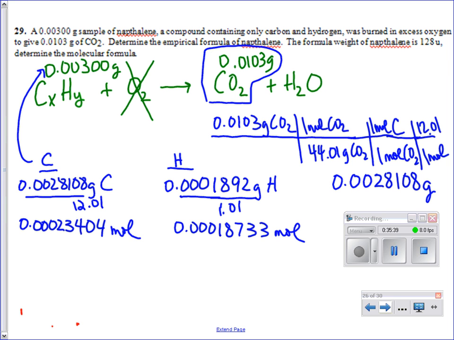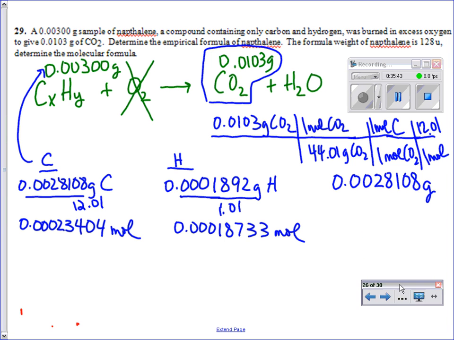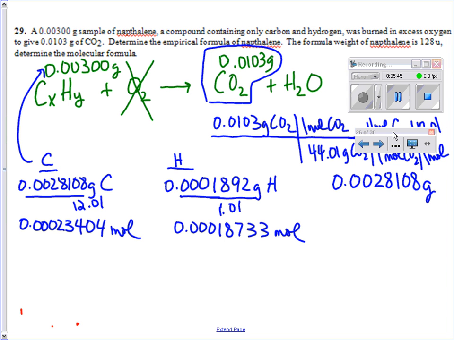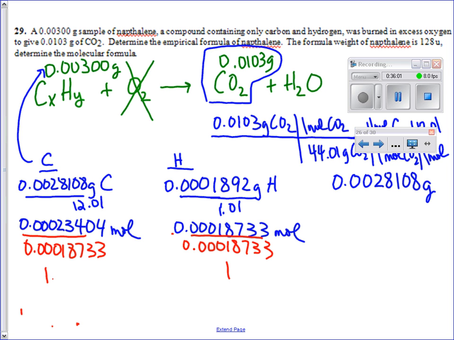Now that I have moles, how do I find the empirical formula? Divide by the smaller mole, which in this case is what? The hydrogen. So we're going to divide that by 0.0001873, giving us 1. And this is divided by 0.0001873, giving us 1.25.